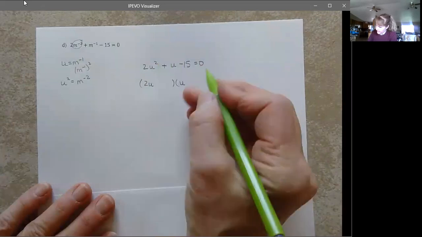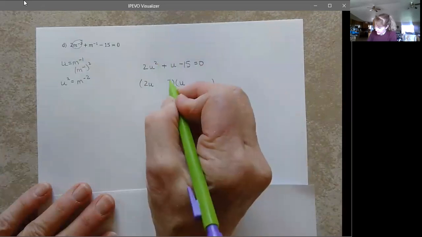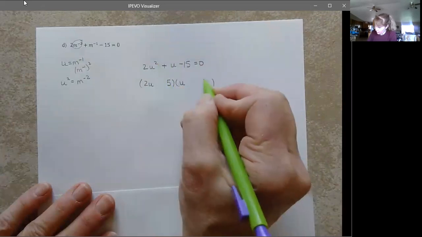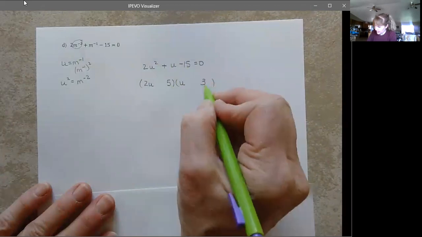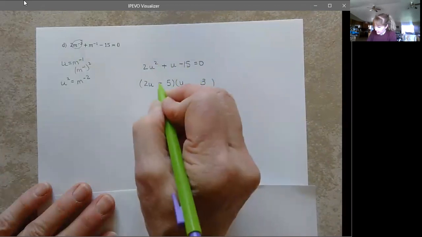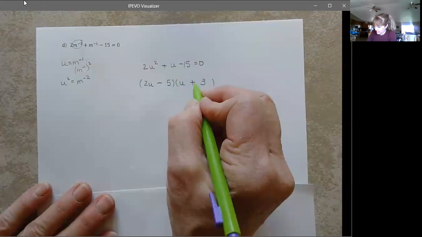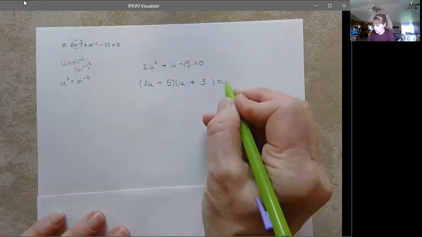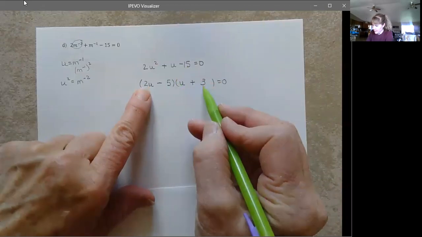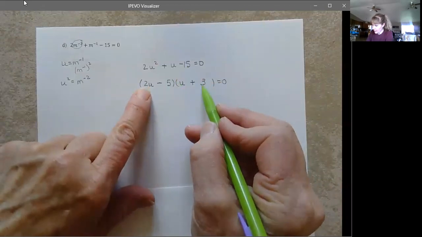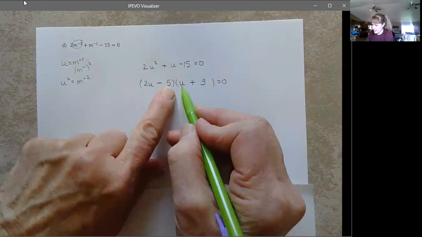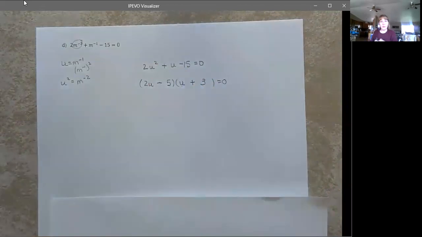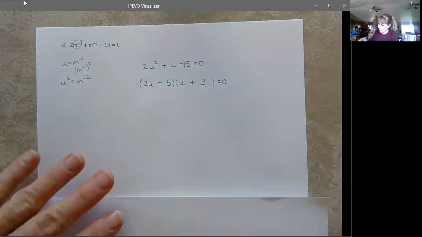Okay. 5 times 3 is 15, and we'll make it negative and a positive. Okay, equals 0. Let's just check it real quick. Our middle term, positive 6u and a -5u is a positive 1u. So it worked.